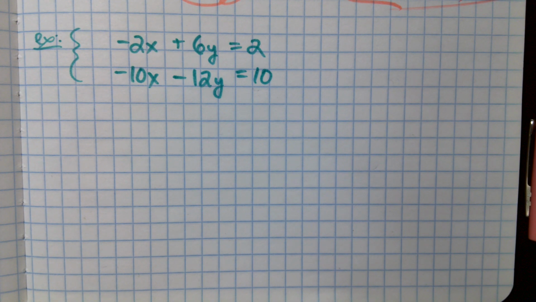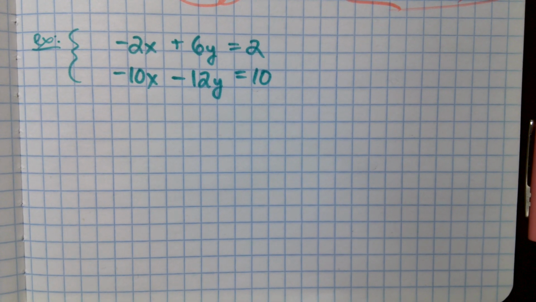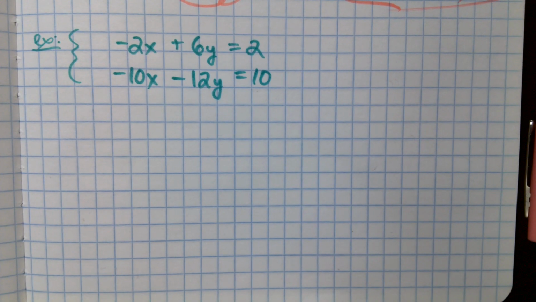This is a good one. I like this one. Okay, based on what we just talked about, don't shout it out. Think about it for a second. See if you can find where and what I'm going to need to multiply to be able to do my elimination.